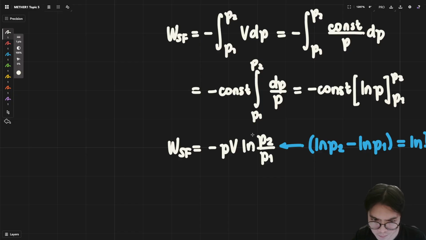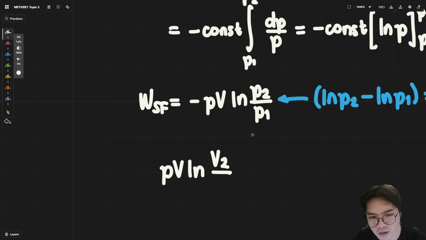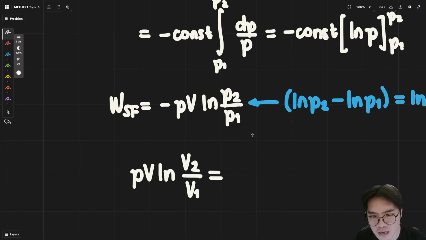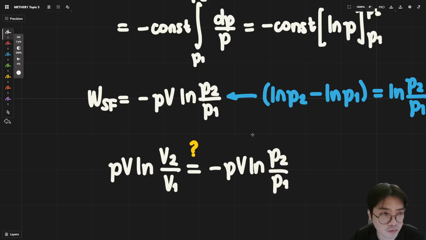Are they equal? Let's try this out. How can these two things be equal? PV ln V2 over V1, are we saying that it is equal to negative PV ln P2 over P1? Certainly I understand with the PVs, okay, whatever.